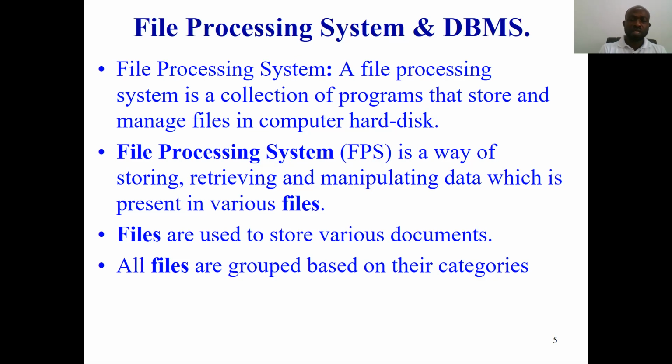To better understand database management system, we want to look at what we mean by file processing system, which happens to be an old way of storing data. One would say a file processing system is a collection of programs that store and manage files in a computer disk.